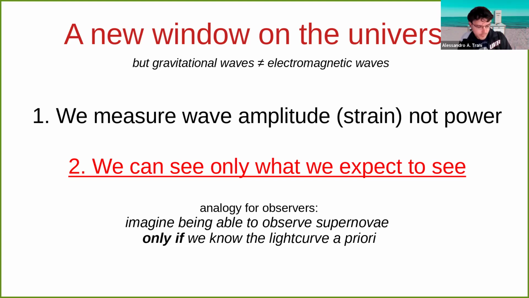But the second most important point is that we can see only what we expect to see. To observers, I often make the analogy of observing supernovae, which are another kind of transient event that we observe in the optical, but only if we know the light curve a priori.